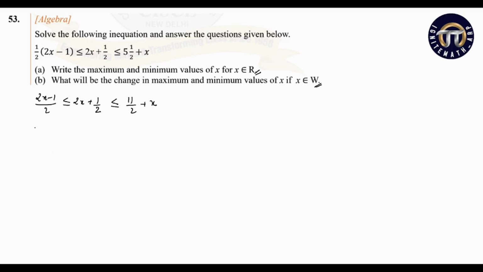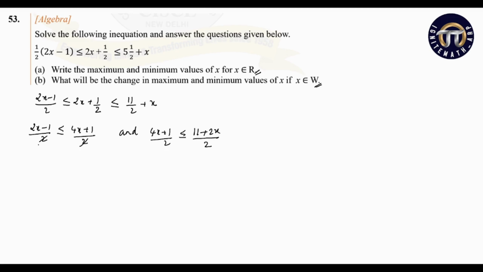So now I'll take the first part over here. (2x minus 1)/2 smaller than or equal to, I can write this one as (4x plus 1)/2, and I will take the other two parts, that is (4x plus 1)/2 smaller than or equal to (11 plus 2x)/2.